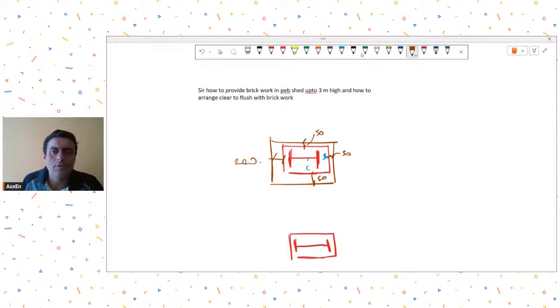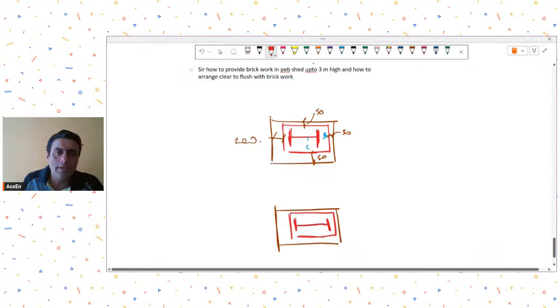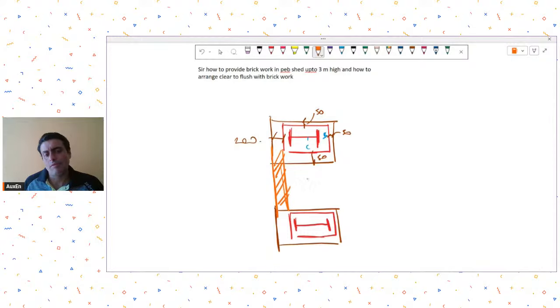Similarly, over here also, I am giving the same. On this side, I am deliberately giving a larger gap. Now, after doing this, I will have my brick wall placed outside of the steel column. So my brick wall is not interfering, or it's not in the same plane as my steel column. Do you understand? This can be one of the ways.